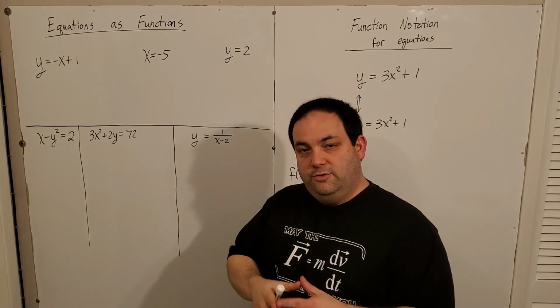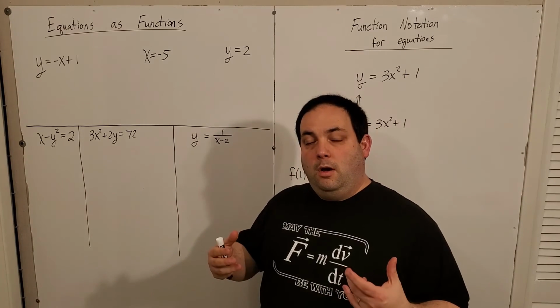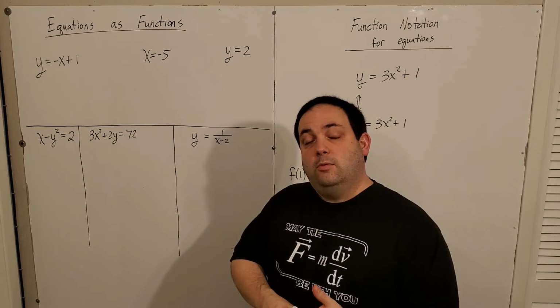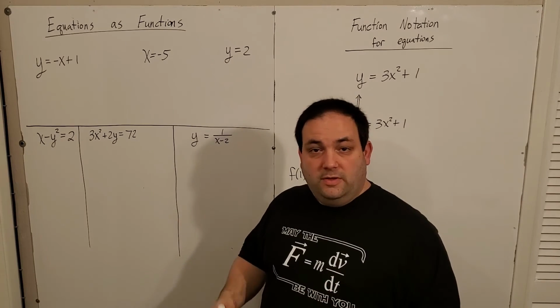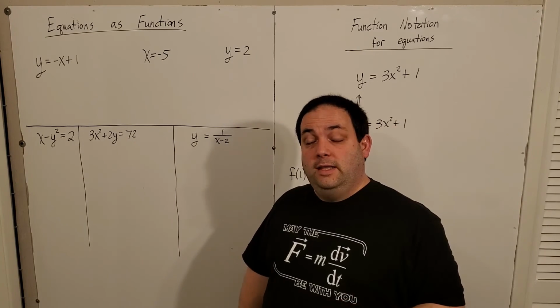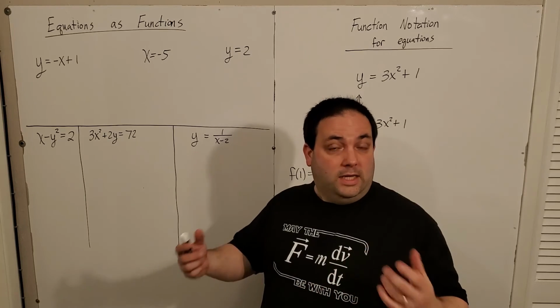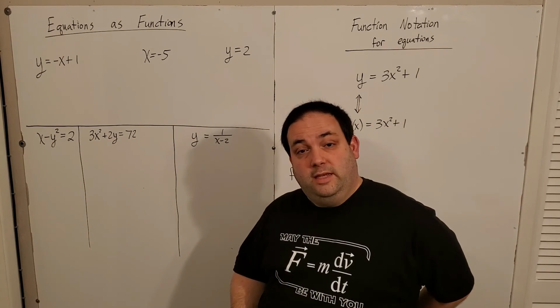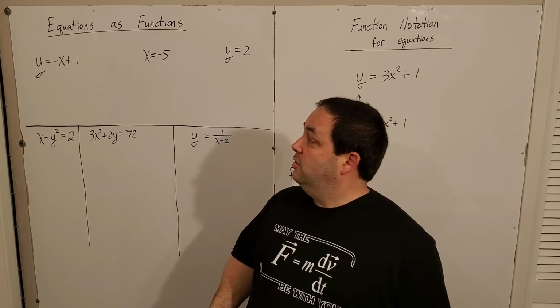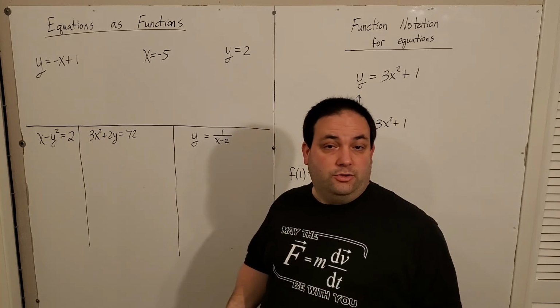To finish up this introduction on functions, you also need to know the ins and outs of the functions that we use most of the time, which are going to be functions written as equations. And that's because equations are the only way that I can talk about an infinite set of points in a relation. Okay? So of course we need to know right away, if we look at an equation, if it's a function or not.